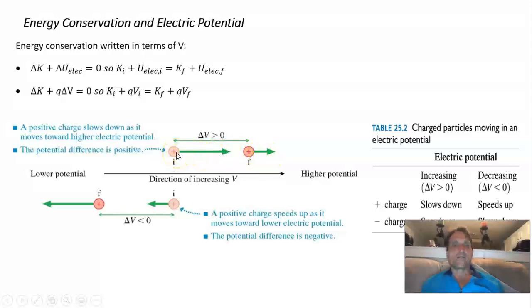So if the positive charge is forced to go against the gradient, or to go uphill toward higher potential, the positive charge will gain potential energy at the expense of kinetic energy. It will slow down if you try to take a positive charge and get it to go uphill.